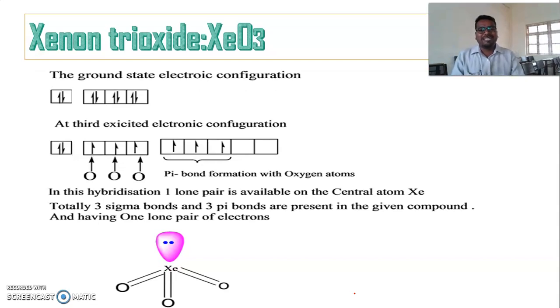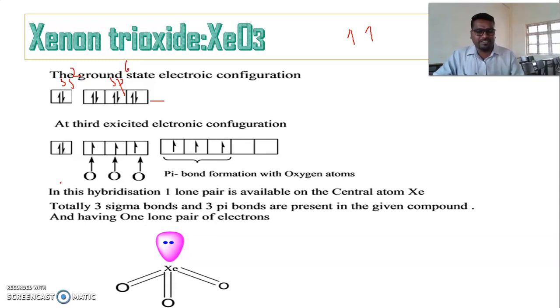Next compound is xenon trioxide. So you know the configuration of xenon and oxygen. Here each oxygen has two unpaired electrons, so each oxygen can form two bonds. This is the configuration of xenon in the ground state: 5s2 5p6.